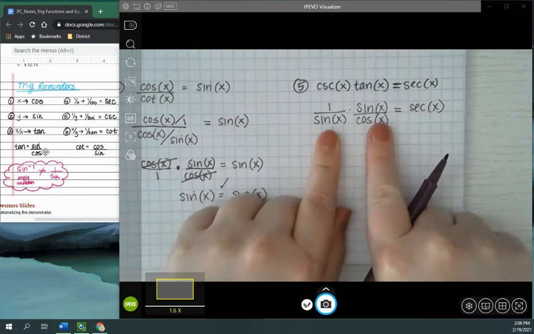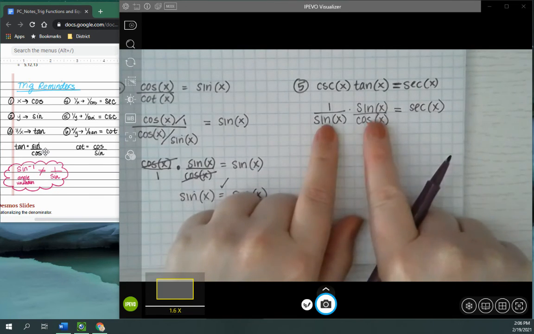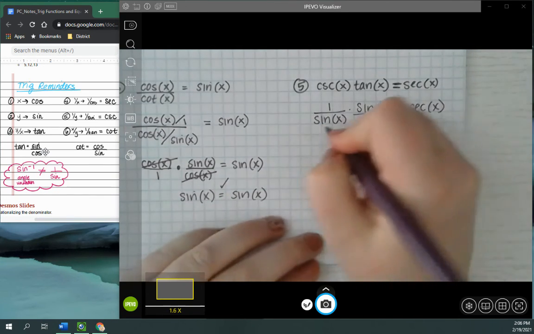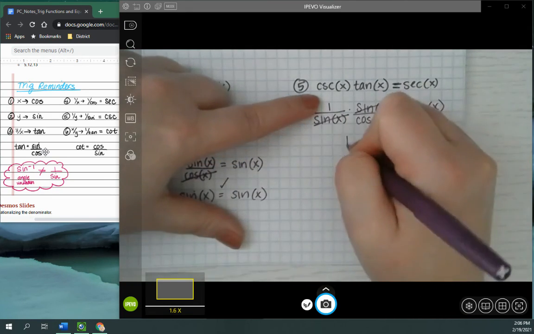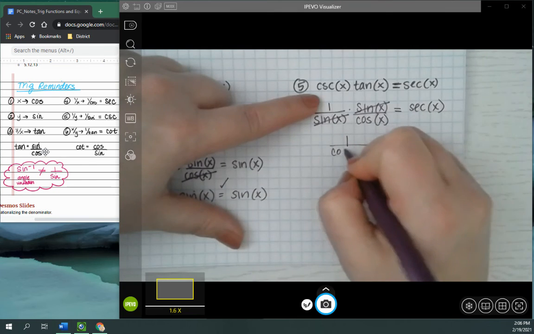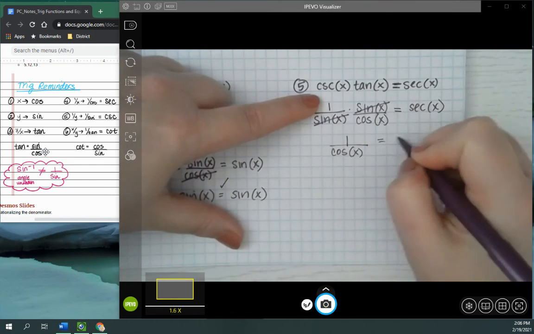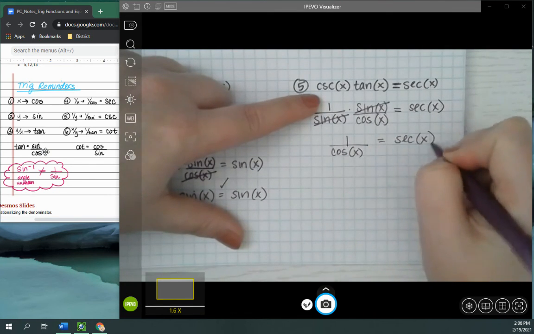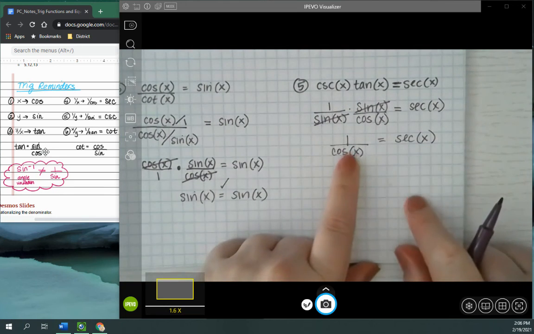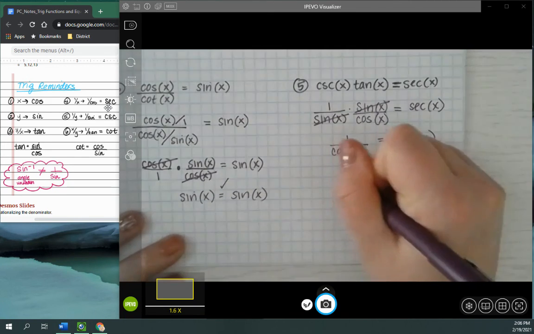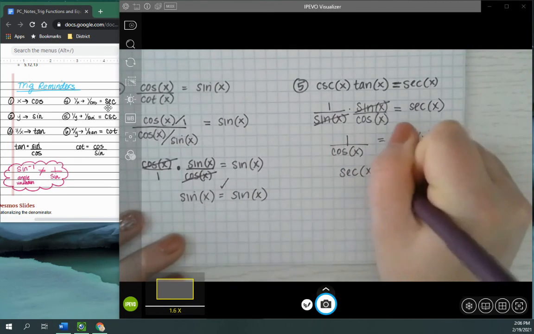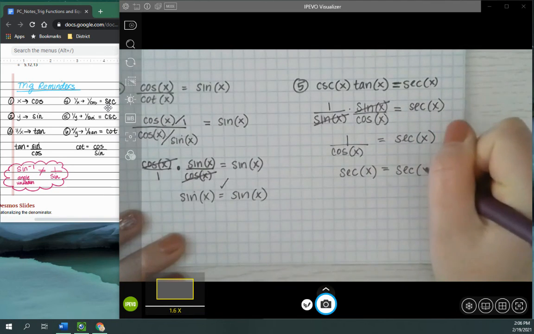Let's look to see if there's anything I can reduce. I have a sine on the bottom and a sine on the top. I can reduce that to 1. I am left over with a 1 on the top and a cosine on the bottom. Our goal is that the left and the right side match, so I'm going to go look up 1 over cosine on the notes page. 1 over cosine is secant. Rewriting this with secant, I now have the left and the right matching.